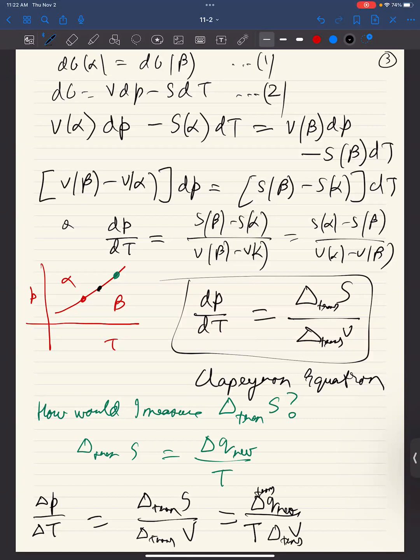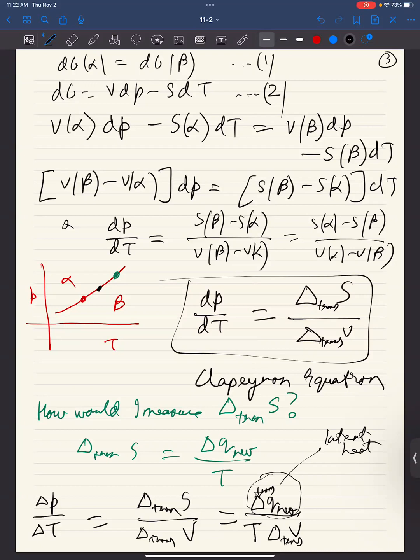For most problems, the delta Q reversible is known as the latent heat, right? So this is also the Clapeyron equation. It depends on the particular phase transition you're talking about. If you're talking about vaporization, going from liquid to vapor, then it's the latent heat of boiling or latent heat of vaporization.